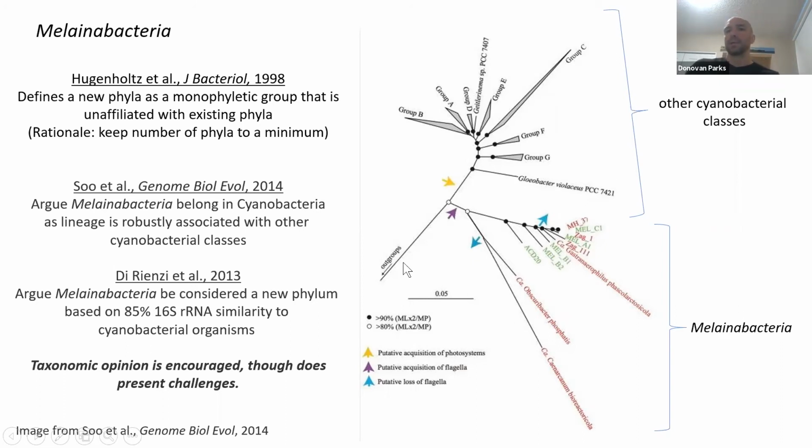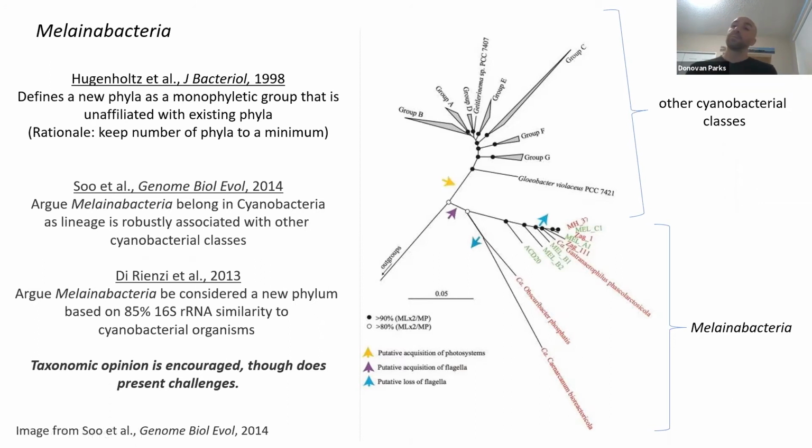Sorry, the root of the tree is up here. So the question is, should we consider these melanobacterial organisms the most basal class of cyanobacteria, or should we consider them to be a new phylum? What makes this question particularly interesting is that the photosynthetic machinery is acquired here. These organisms are all photosynthetic, whereas the Melanobacteria are not.